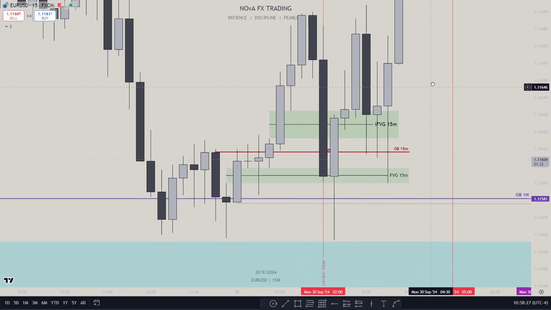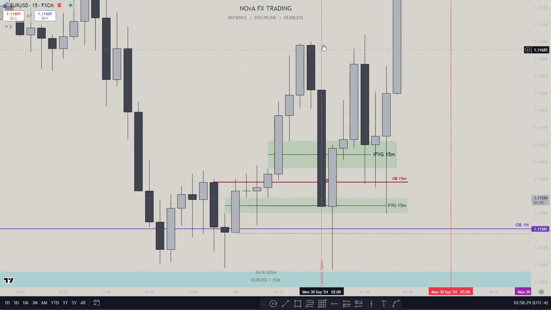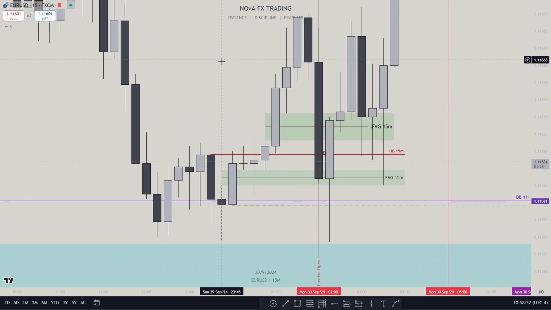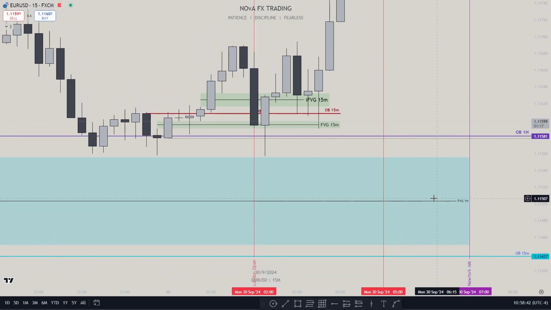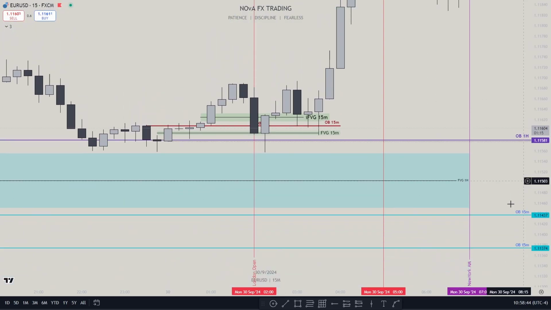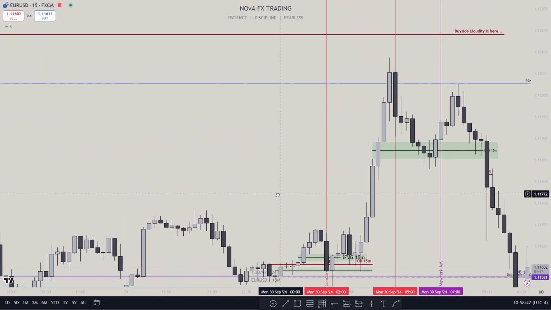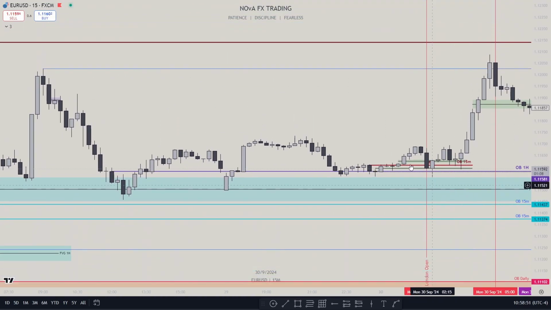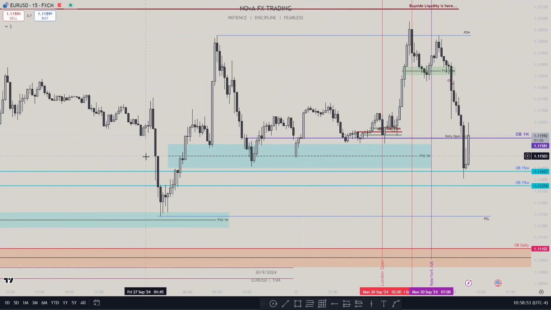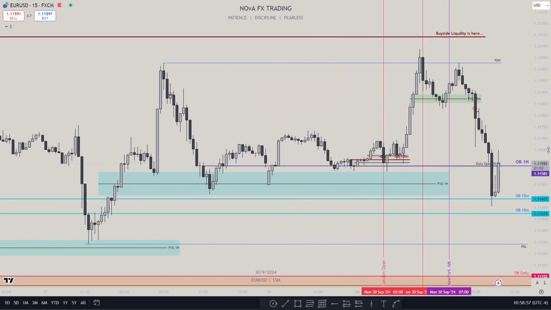As of now, we're just focusing on marking the PD arrays before 2 a.m. We have our daily open, our 15 minute order blocks, our fair value gaps, and that's our 1 hour fair value gap. Also, there's the previous day high there, and our previous day low sits right there.